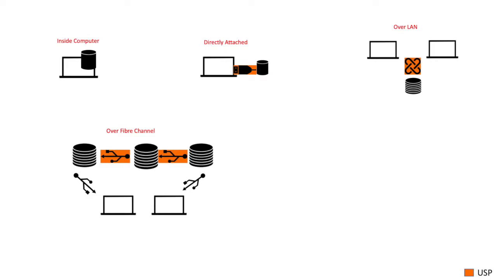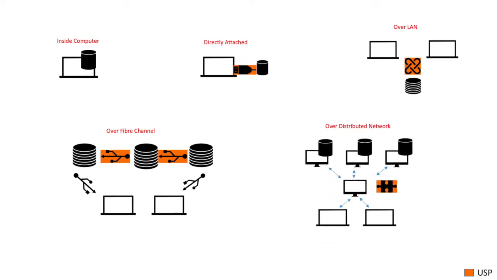But in this case, we have better things. So this is my fourth model. And the last model is the distributed network, wherein a server based on software distributes the entire storage over multiple storage nodes, and from there you can access it. So these are basically the five models that we have.